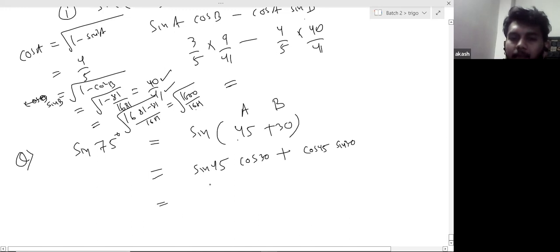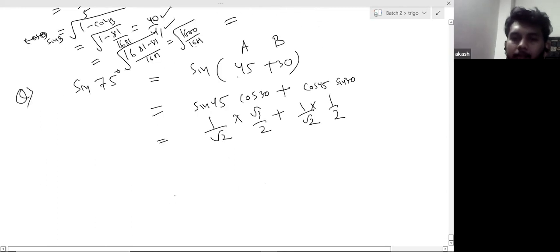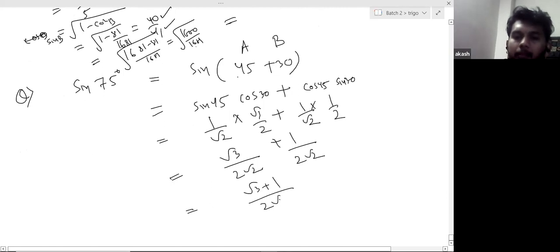So sine 45 is 1 by root 2 into cos 30 is root 3 by 2, plus cos 45 is 1 by root 2, sine 30 is half, right? So this is root 3 by 2 root 2 plus 1 by 2 root 2. You add them, you get root 3 plus 1 by 2 root 2. So sine 75 degree is this. Is this clear?